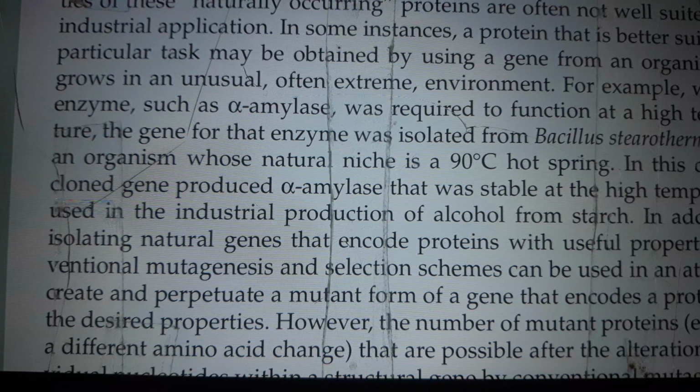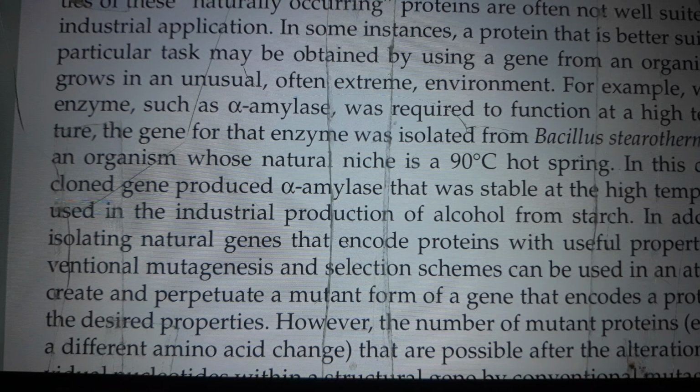For example, when an enzyme such as alpha-amylase was required to function at a high temperature, the gene for that enzyme was isolated from Bacillus stearothermophilus, an organism whose natural niche is a hot spring at 90 degrees centigrade. In this case, the cloned gene produced alpha-amylase that was stable at high temperatures.